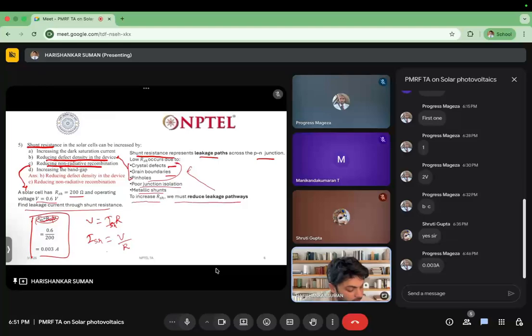Follow this: you have 0.6 volt and 200 ohm. Solve this, you will get the leakage current through the shunt resistance, 3 milliamp. Okay, let's move to the next.